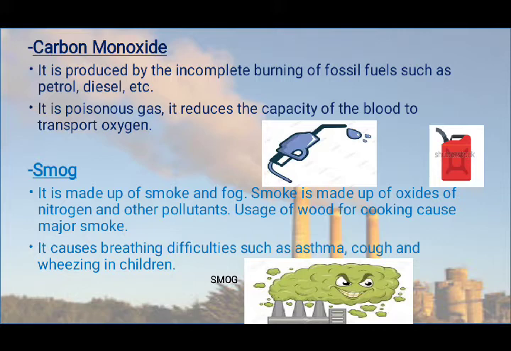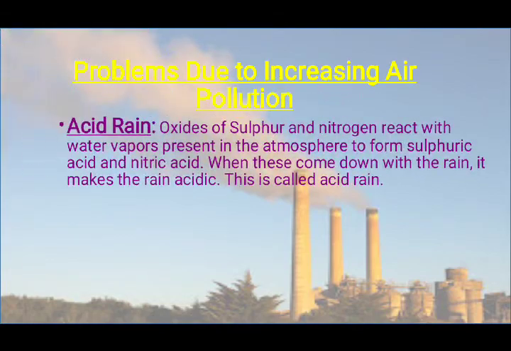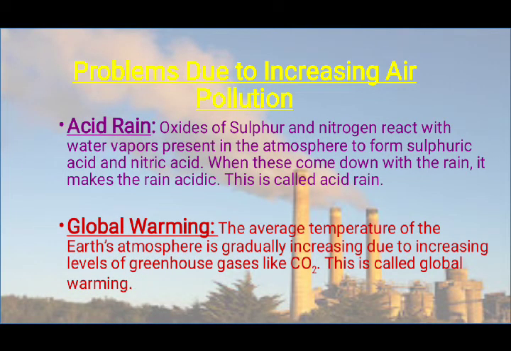So, children, these were certain air pollutants. But how are these air pollutants creating problems and increasing our air pollution? The first bad effect we can say is acid rain. Whenever oxides of sulfur and nitrogen react with water vapors present in the atmosphere, they form sulfuric acid and nitric acid.